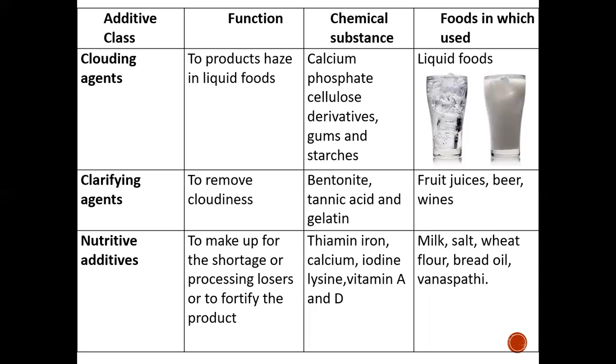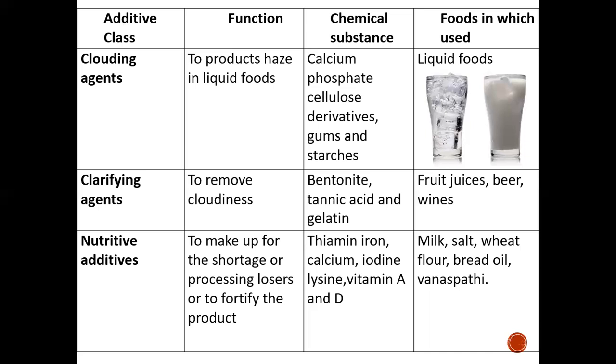Then nutritive additives. When you are processing foods, there are chances that certain nutrients are lost during the processing. To make up for that, or otherwise to increase the nutritive value of any food product, certain nutrients are added, like vitamins and minerals.